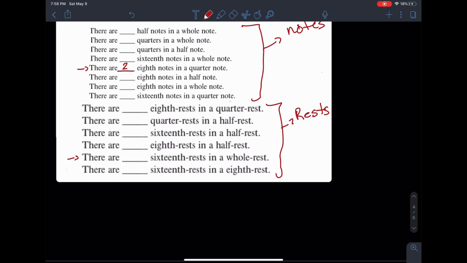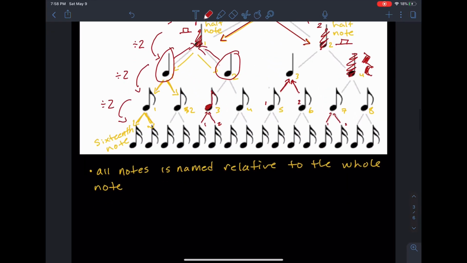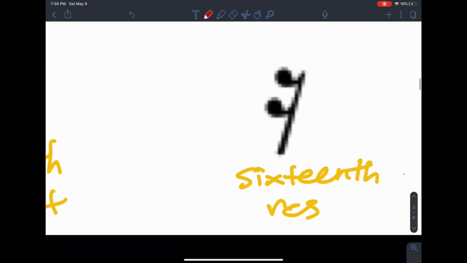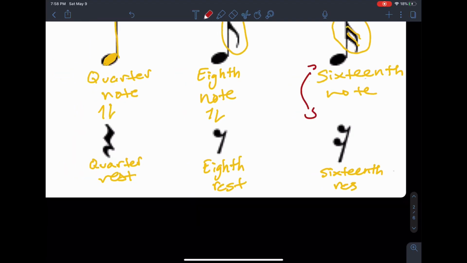There are blank 16th rests in a whole rest. Okay, this is a good question. So let's imagine we replace all of these 16th notes with 16th rests. Remember, they look something like this. They're right here. They look like this. These two things have the exact same value.